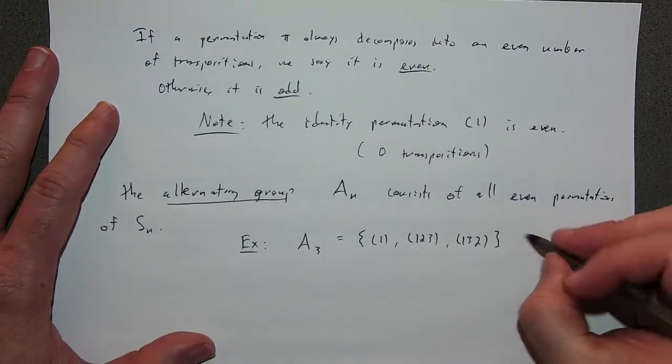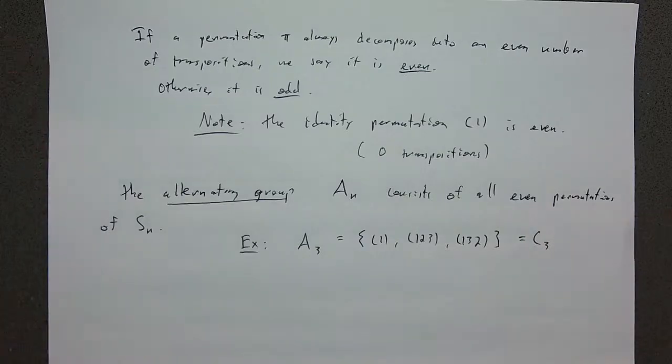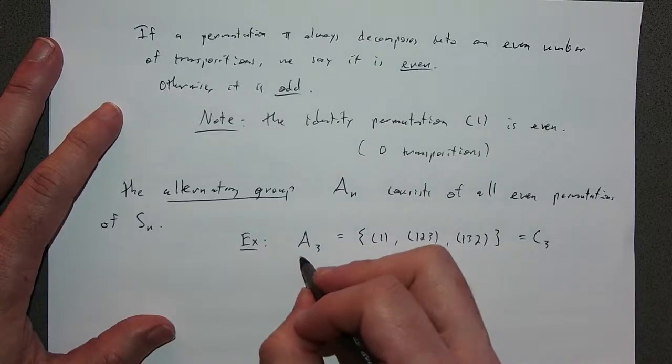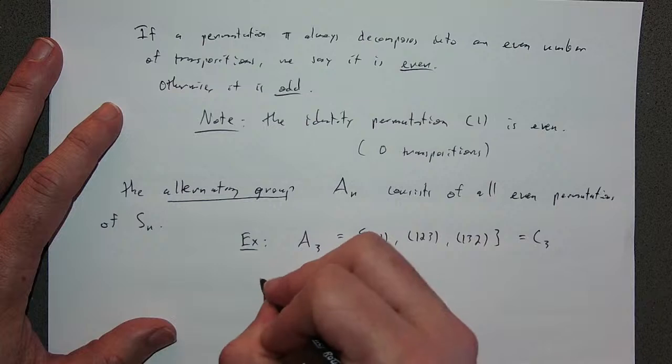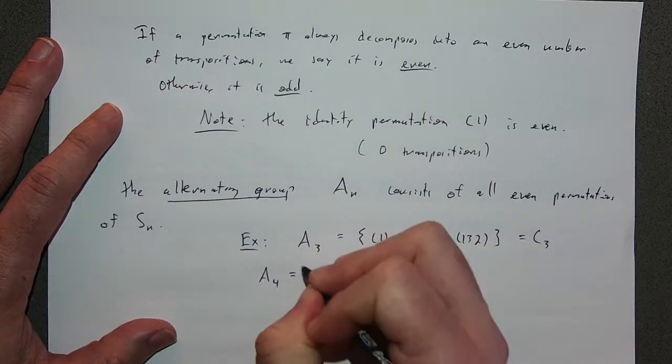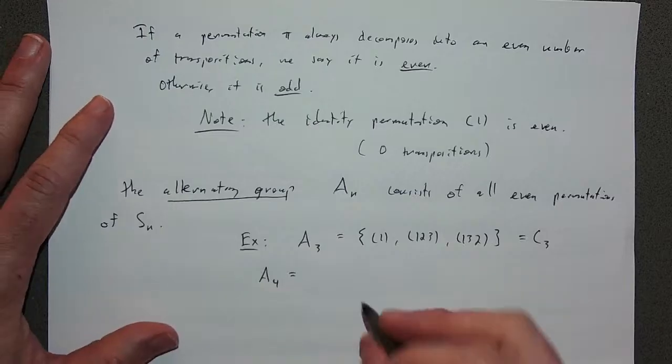Okay, this is actually also equal to just the cyclic group on 3 vertices or 3 letters. A sub 4 is bigger. It's a little bigger.